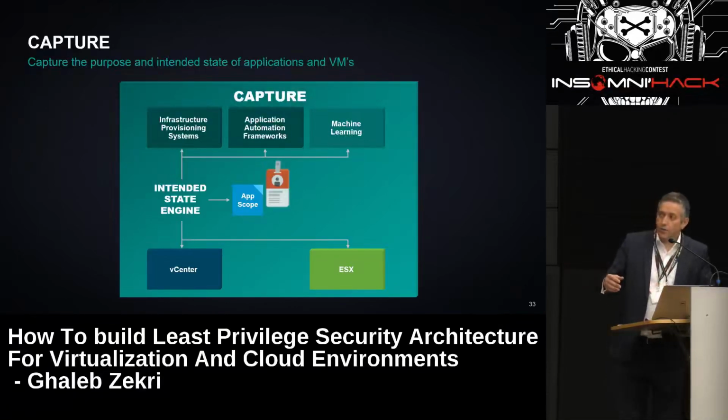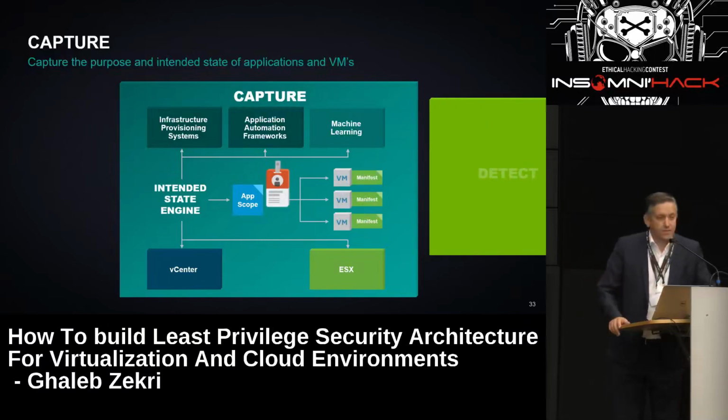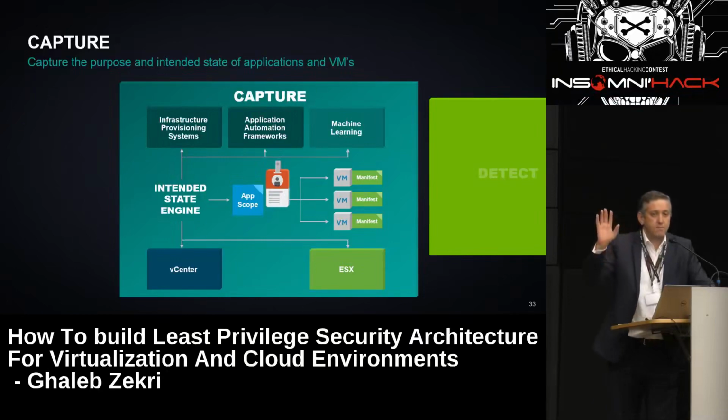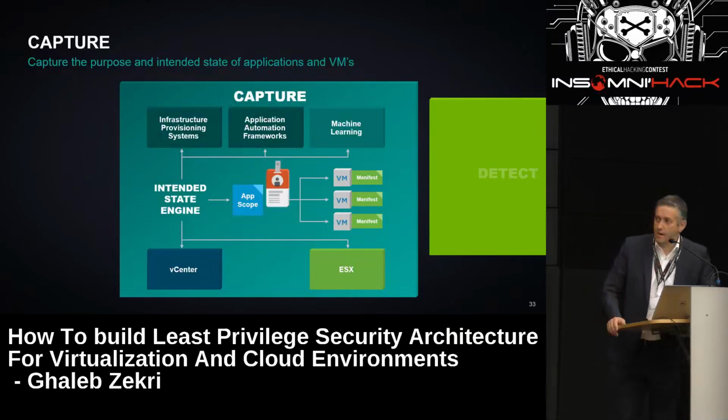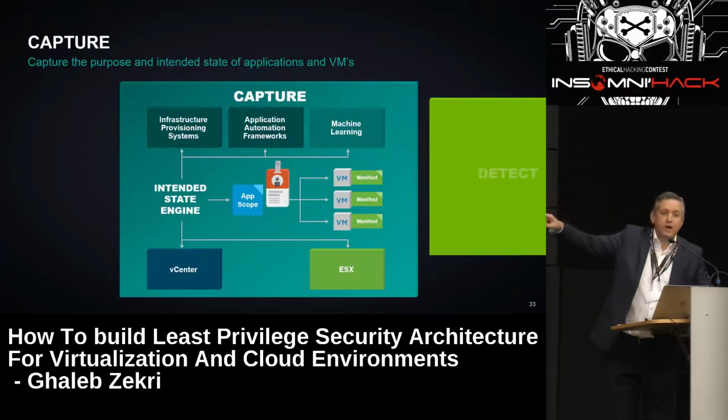And then we build what we call a manifest. Manifest is the birth certificate for every component of the application, whether they are sitting on the same workloads or different workloads, like microservices and so on. We push this manifest to every hypervisor, every ESXi host.